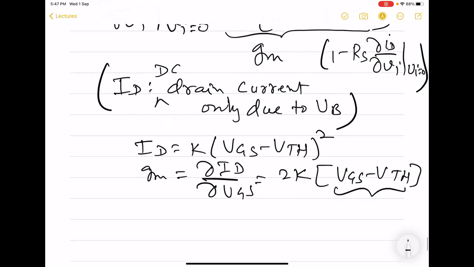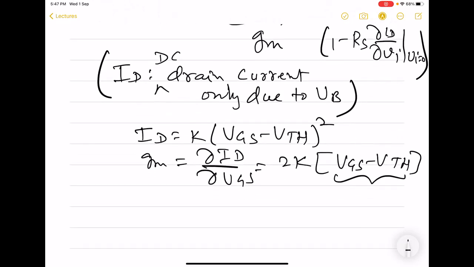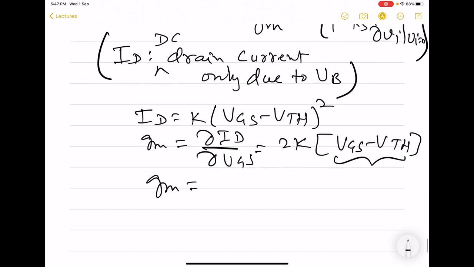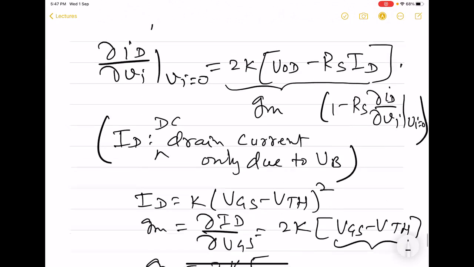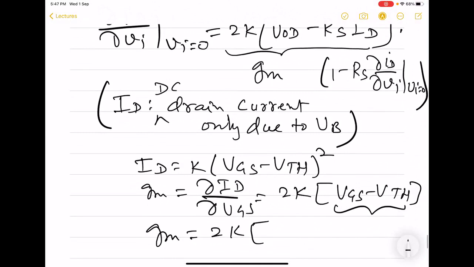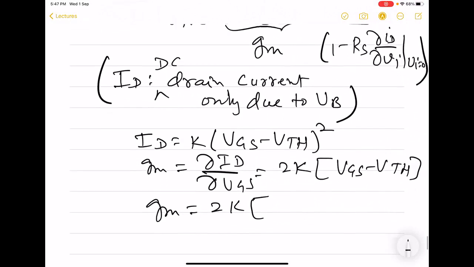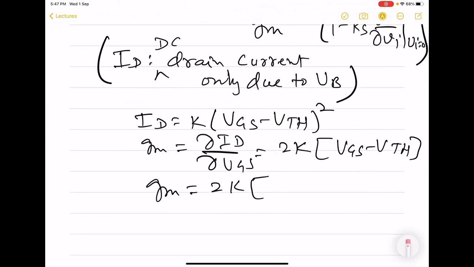And it is this voltage that we have been calling VOD. Here there's going to be a slight difference. Not this VOD, rather here the gate voltage is going to be VB, the source is going to be Rs ID, and minus VTH.